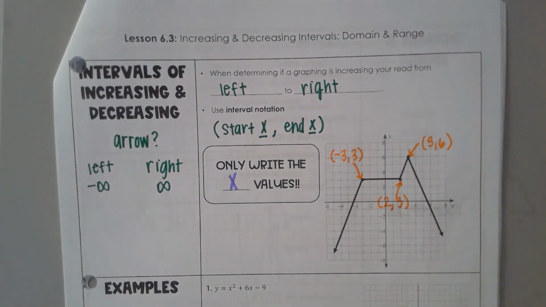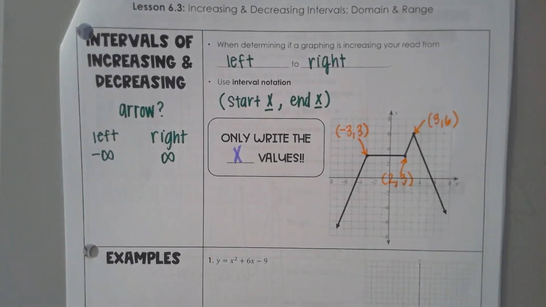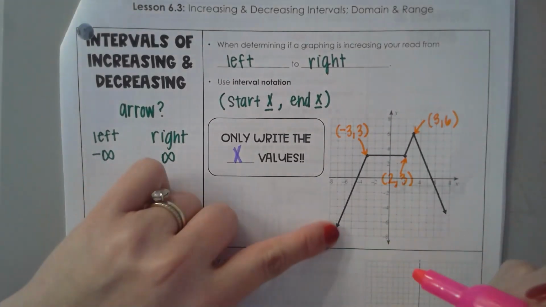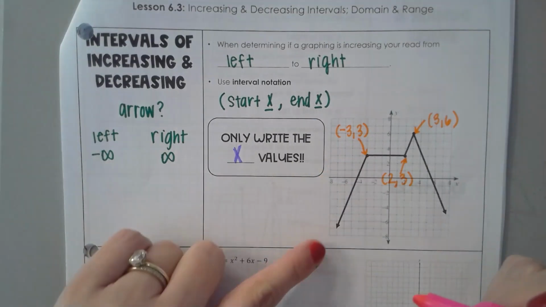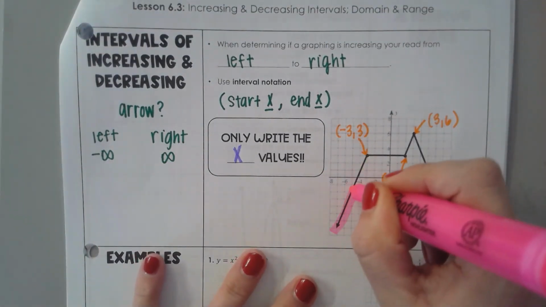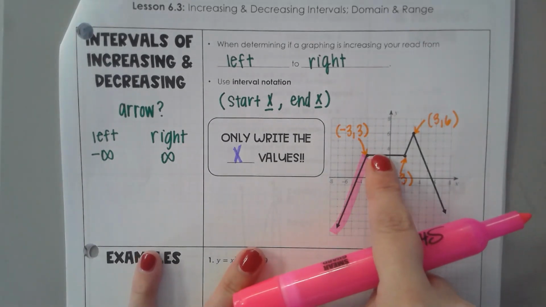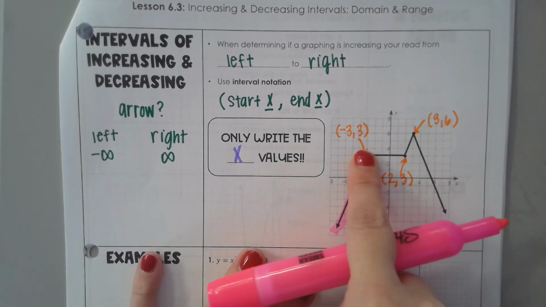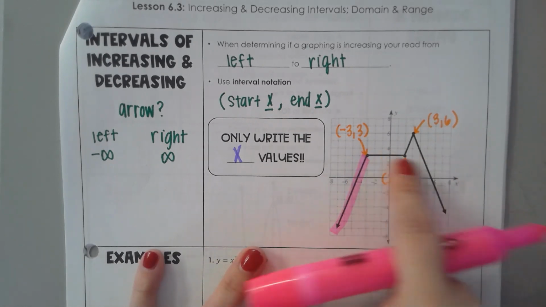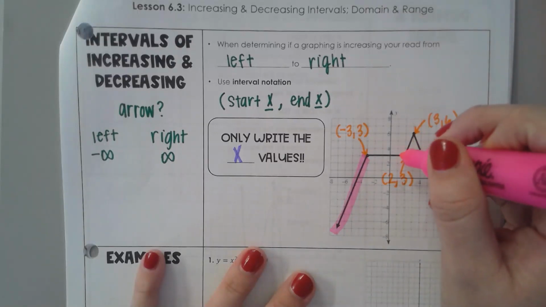So here's where your highlighters are going to come in. We're going to pick one color for your increasing and one color for your decreasing. So going from left to right, if I start down here, am I going to be increasing or decreasing? Increasing. Now this next section is not doing either, so I'm not going to highlight it either color. And then when I get here, what do I do?